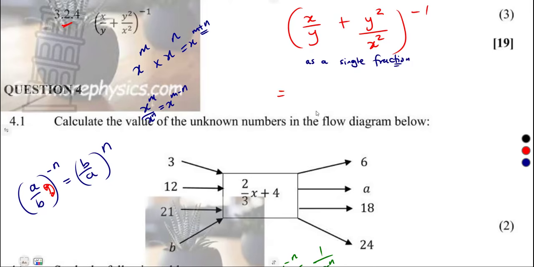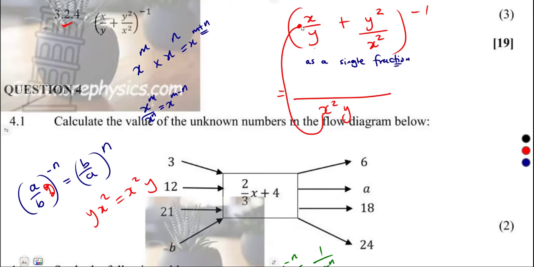As a single fraction, I'm going to have the LCD of the denominators, yx squared, which is the same as x squared y. Let's divide. This and this is going to cancel. You remain with x squared.